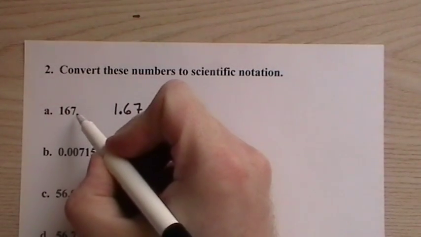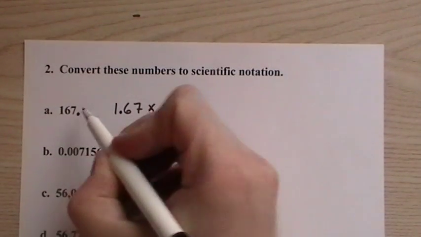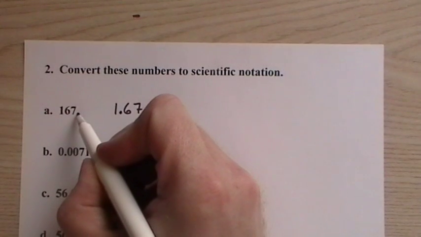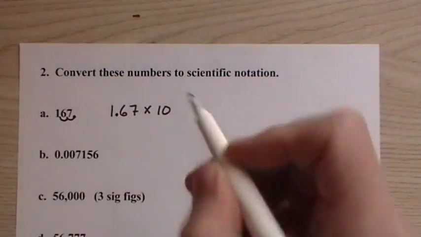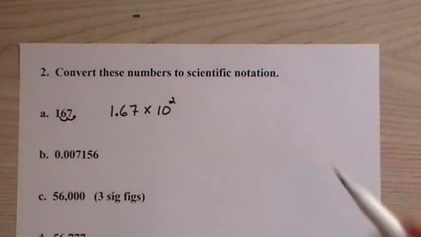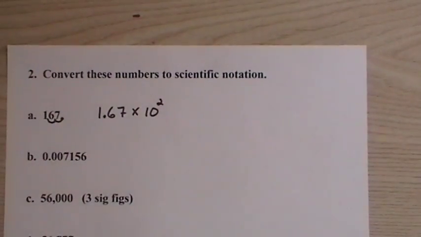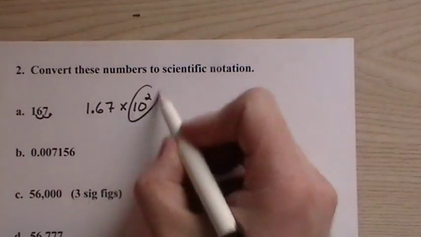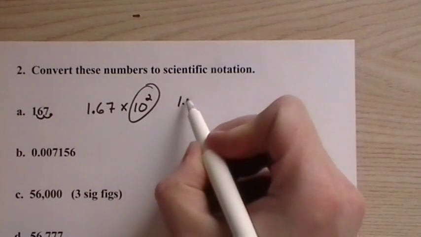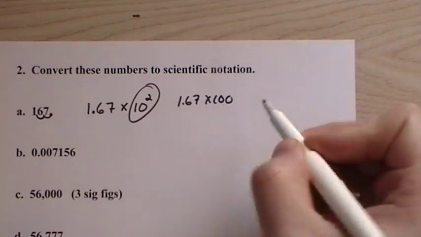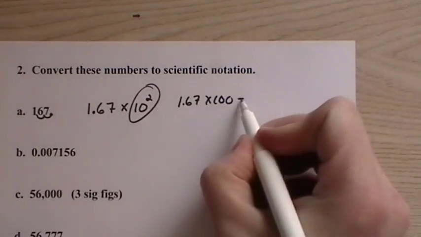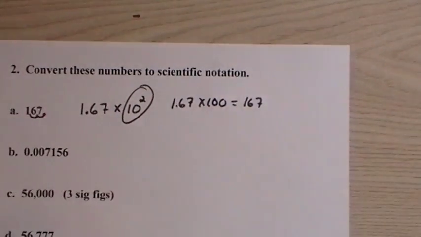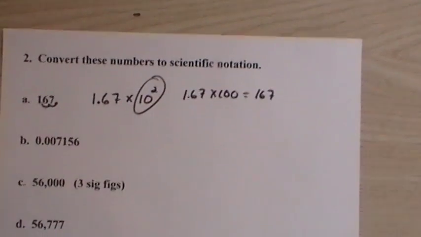You can do it just by the rule of moving the decimal place over to the left twice, so this is a 2. But if you want to fully understand it, think of what this is. 10 to the 2 is 100. So 1.67 times 100 is 167. So we're back to the original number. That's all we're doing.